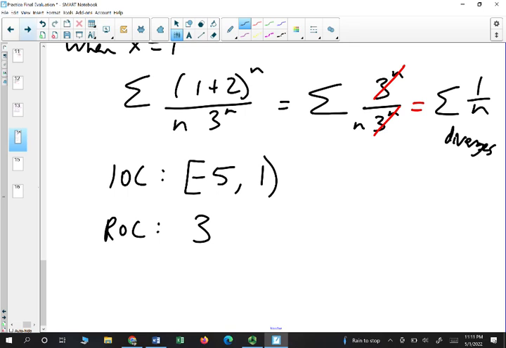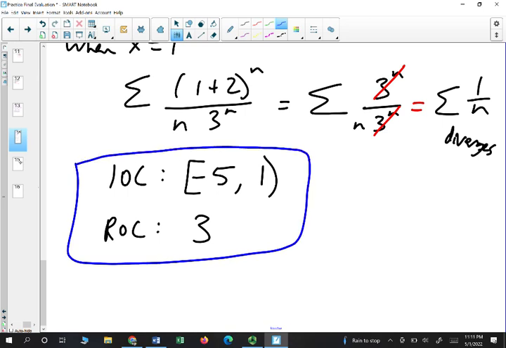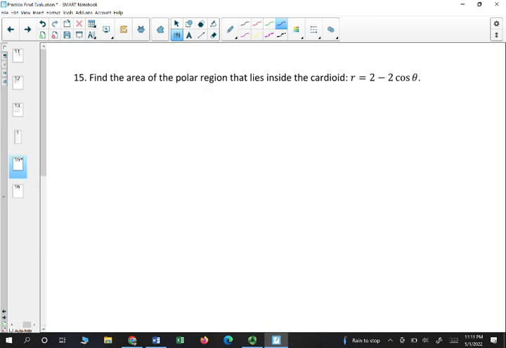Okay, let's take a look at our next problem. Find the area of the polar region that lies inside the cardioid. Okay, so remember the cardioid would be r equals 2 minus 2 cosine theta.